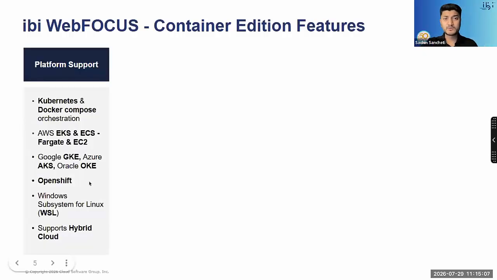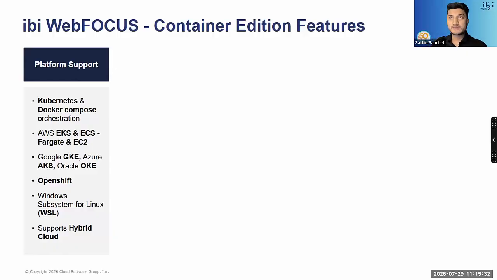Let's talk about high-level features. Firstly, most important is platform support. Container Edition leverages cutting-edge technologies of private cloud and on-prem. It can be integrated with your DevOps pipeline for faster deployment, upgrade and migration. For deployment, we support all the leading and latest container orchestration technologies like Kubernetes and Docker Compose.